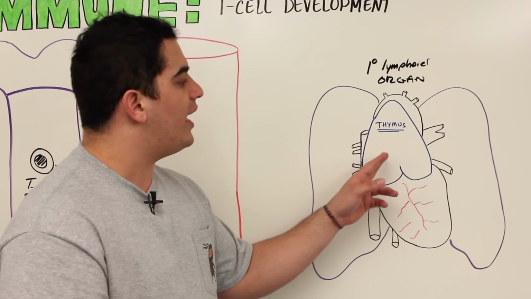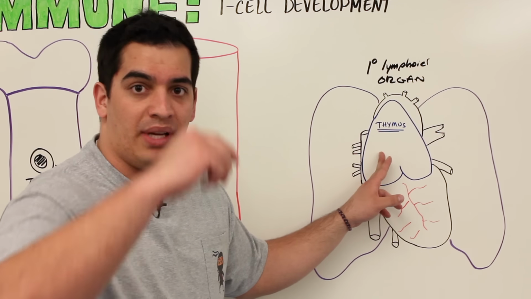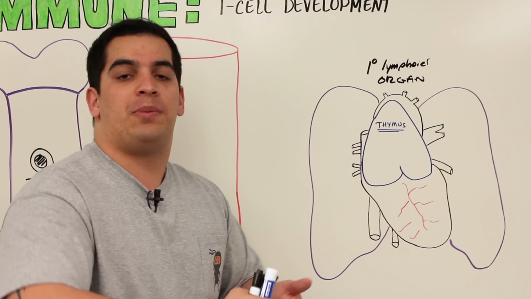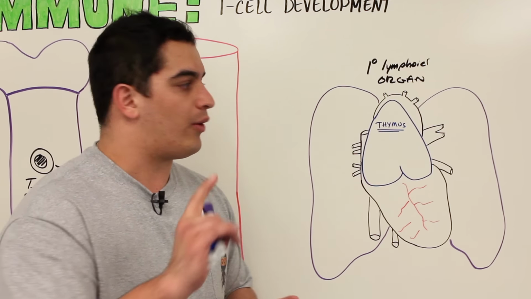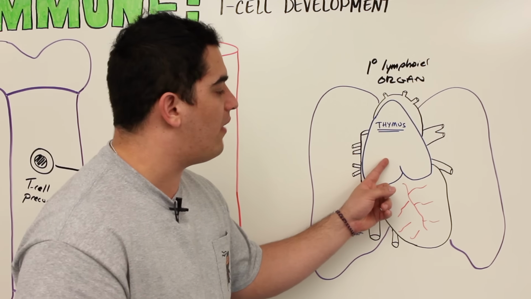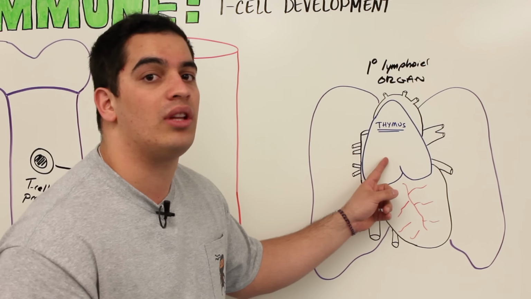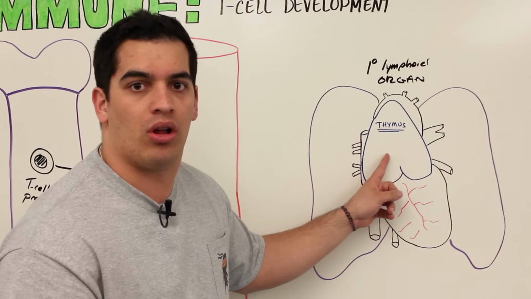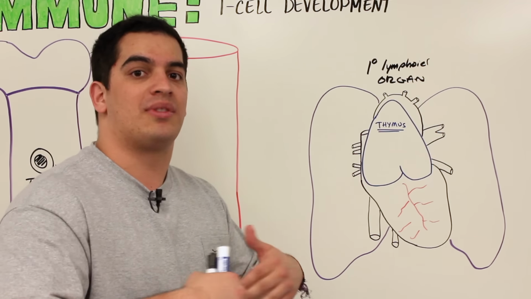But once we hit the early ages of adolescence, the thymus gland's activity begins to decline, and then it starts to atrophy, meaning it's getting smaller. It becomes filled with fibrous tissue and becomes pretty much non-functional.